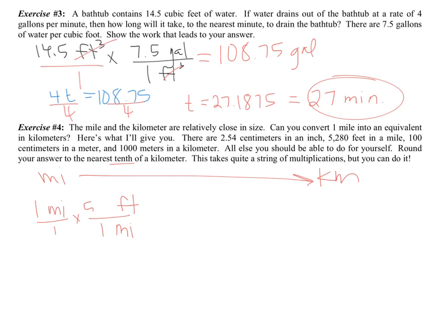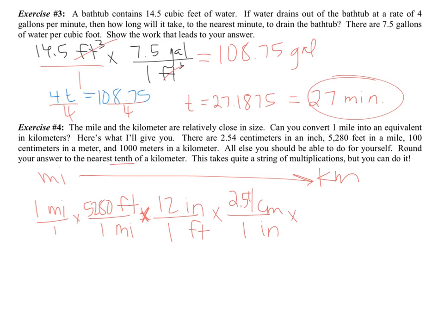So in 1 mile, there are 5,280 feet. Times, then we know that we're going to need to cancel out the feet. So from feet, we're going to go to inches. And in 1 foot, there are 12 inches. And then from inches, we know that we can go to centimeters. In 1 inch, there are 2.54 centimeters.